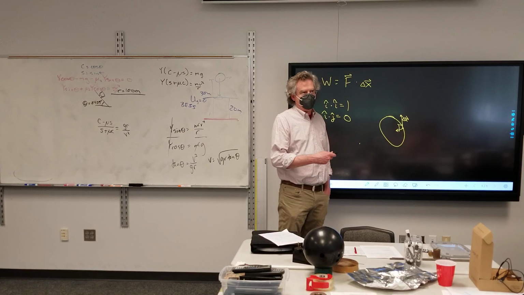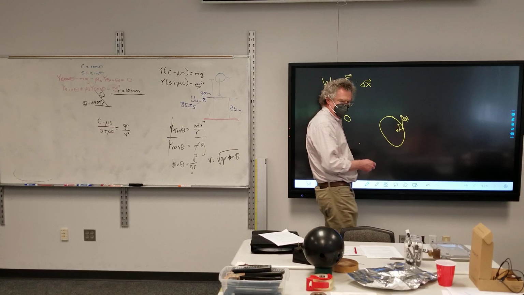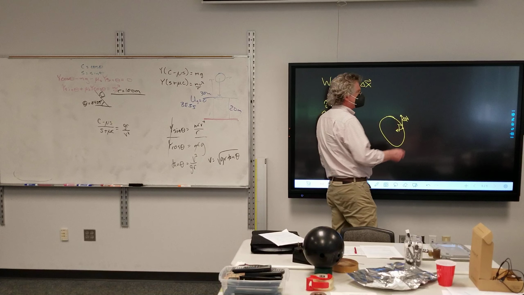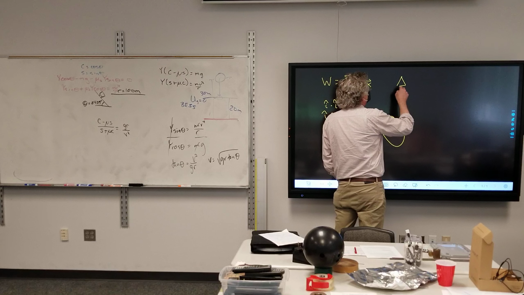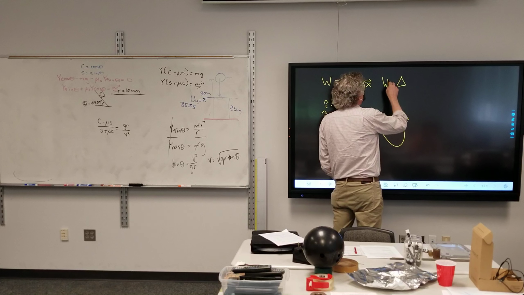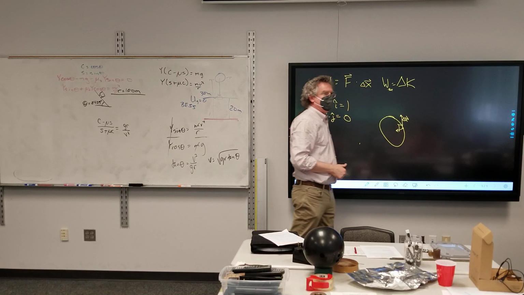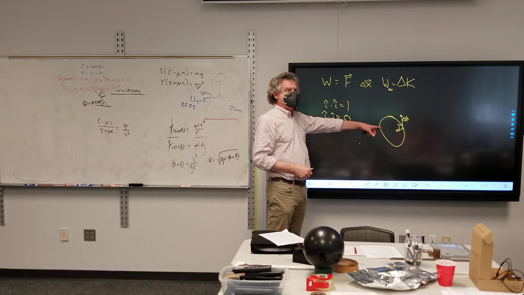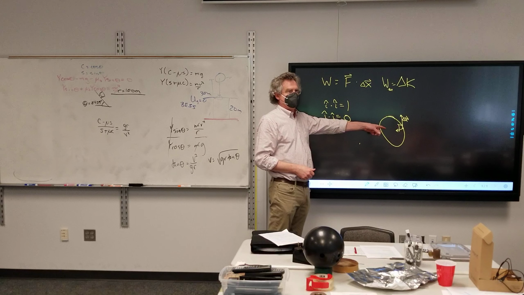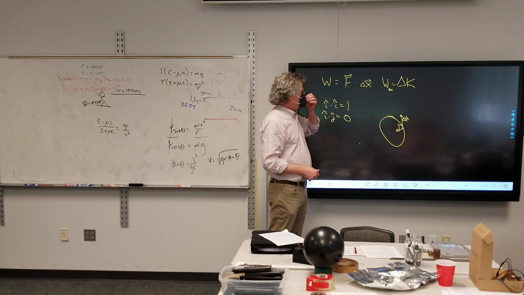Ultimately, if you look at the total work, and this also goes to address problem number 5 there, I know that the total work is equal to the change in kinetic energy. Well, in this case we have only one force, so the total work is the same as the conservative work.